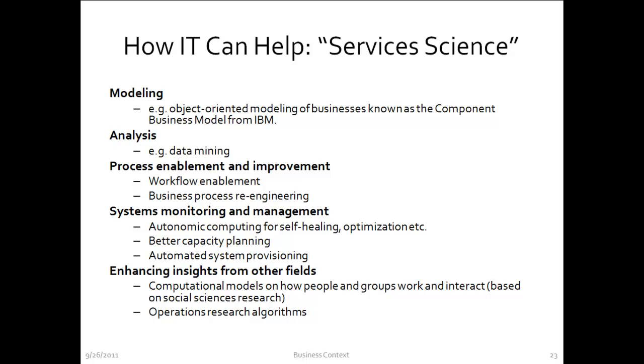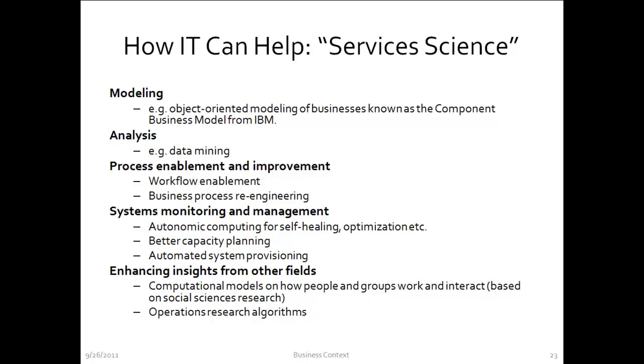So they had a component business model for insurance, a CBM for automotive companies, a CBM for fast food, a CBM for retail. And the idea was you had an object-oriented model that you could analyze, and then you could pick pieces of it and focus on those to optimize. So essentially, they were building or improving businesses in the same way software engineers improve programs or large software systems.